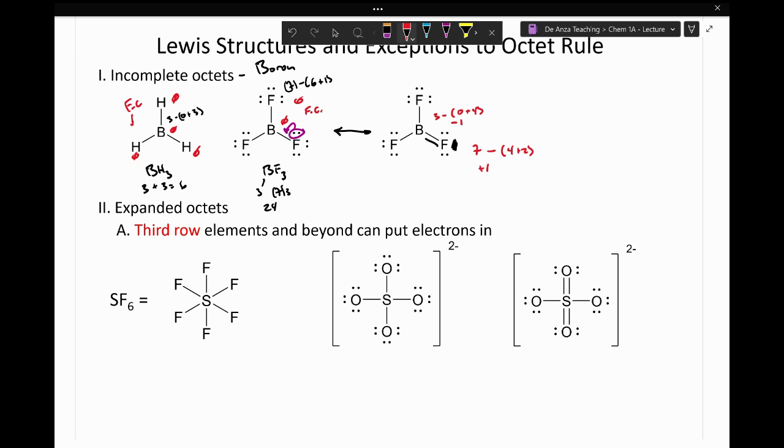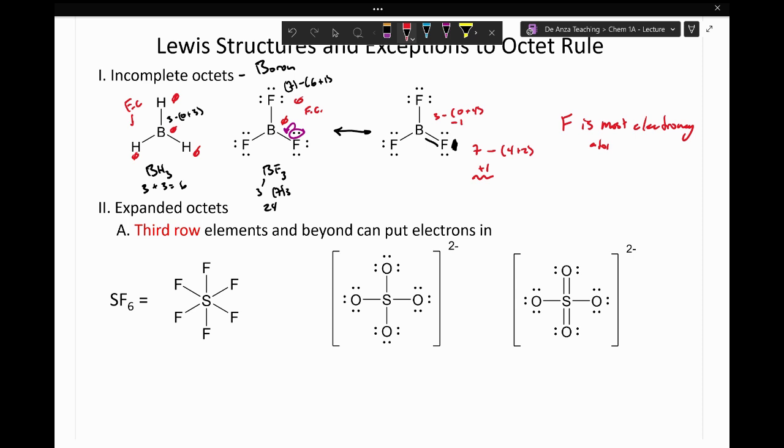And so in this case, although we get to an octet, we have a very highly charged molecule in terms of formal charge. The biggest reason that we don't like this is we've tried to put a +1 formal charge on fluorine, and we know that fluorine is the most electronegative atom.